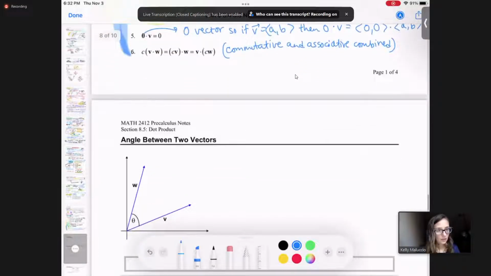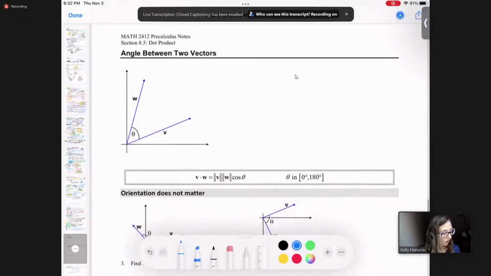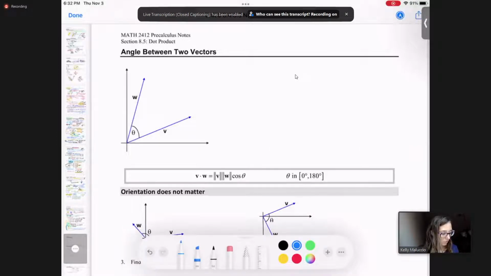Okay. So now we take a look at the angle between two vectors. Maybe we have a vector v, and suppose for vector v there's this angle alpha. Then we have a vector w, where the angle is this whole big thing to get to w, let's call that beta.